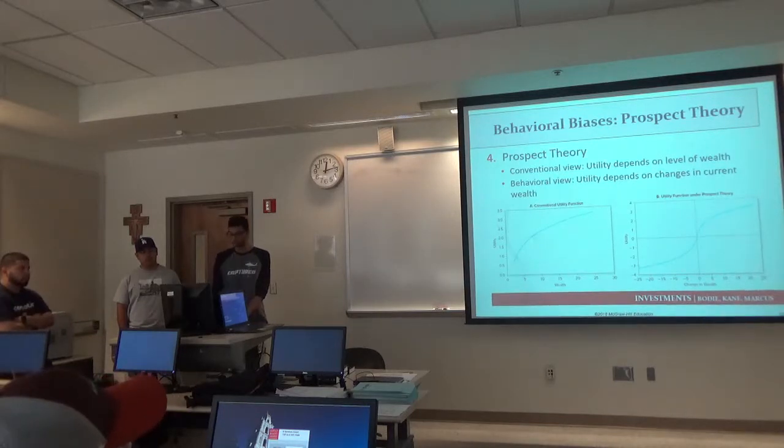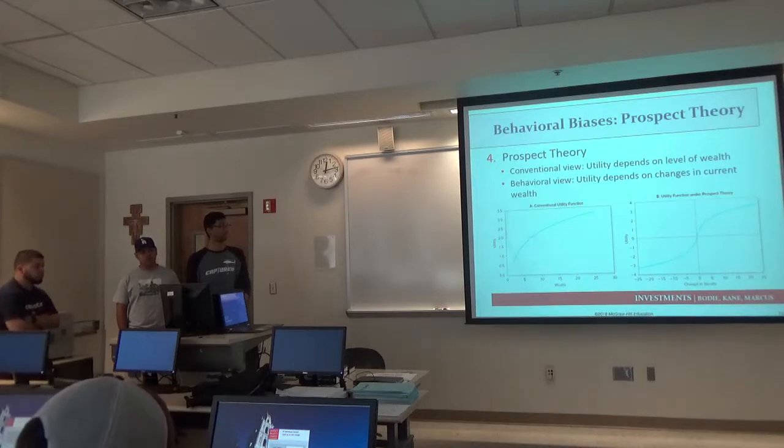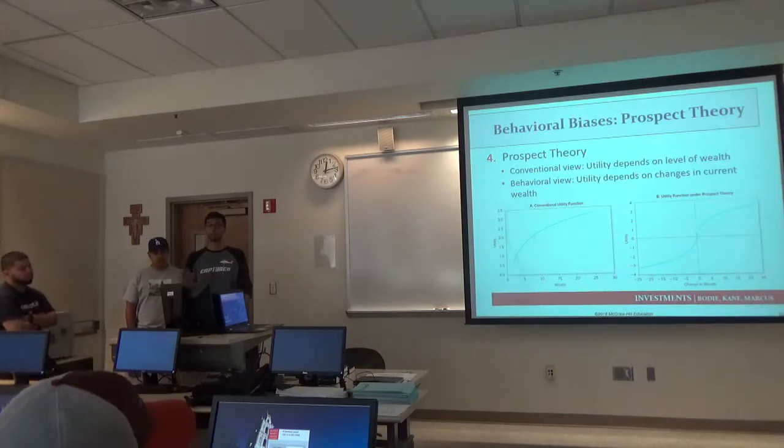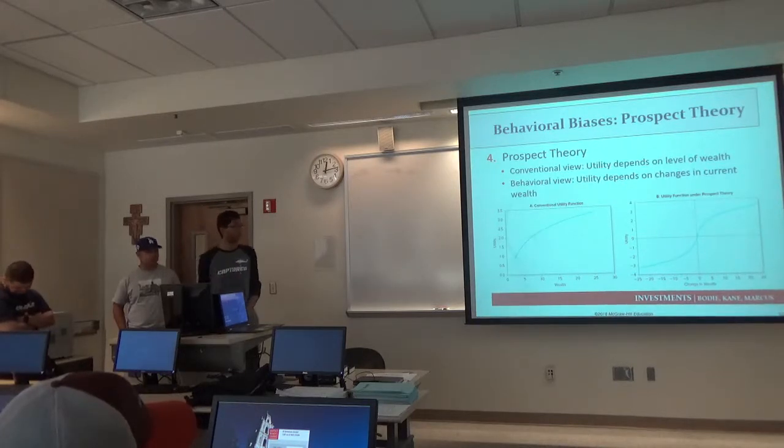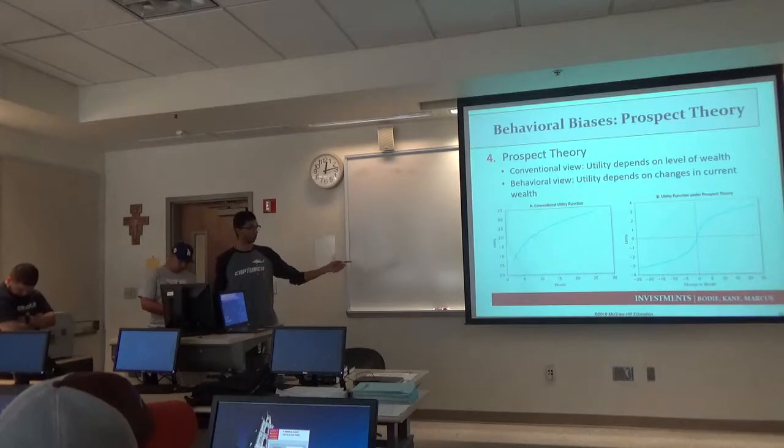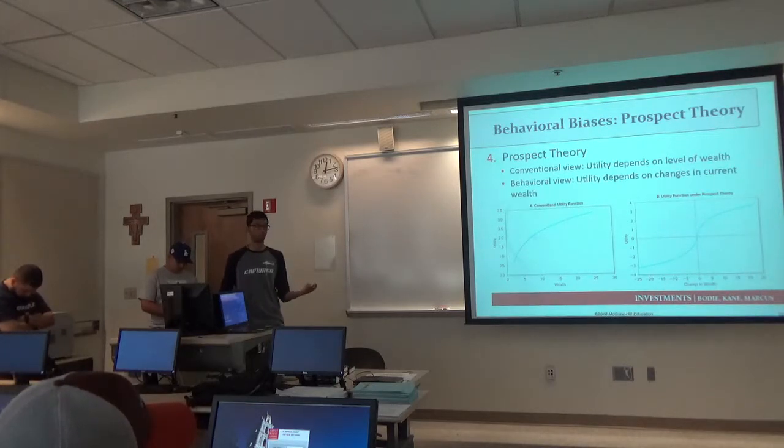Finally, prospect theory. Prospect theory gets at the different utility functions outside of conventional finance. In conventional finance theory, the utility function on the left shows that with more wealth, you get more utility. However, with different frames of psyche, your current state of wealth outside of the different investment positions you have can frame more of an S-curve utility function.